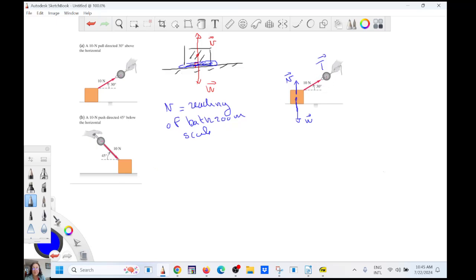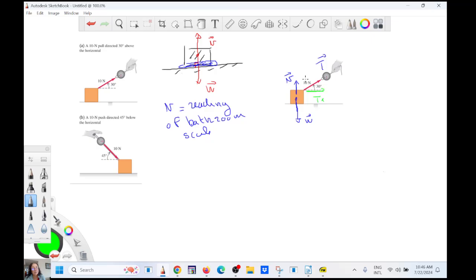You see that this force has two components. It has an x component, which is how much of the tension is along the horizontal, and a y component. For vectors, you always go from the tail to the head, so you run and you rise, or you run and you fall.